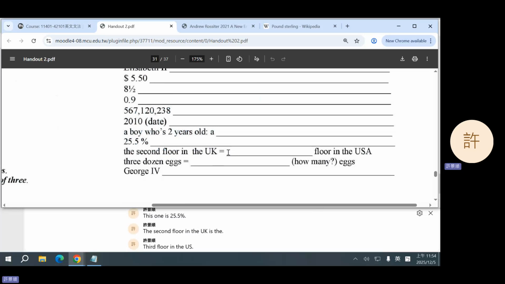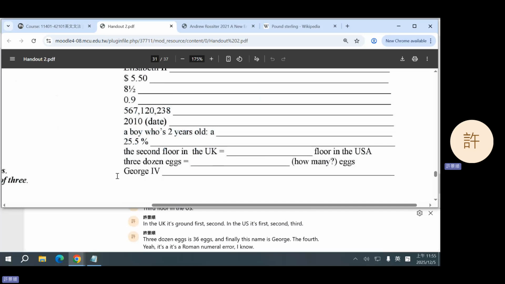In the UK, it's ground, first, second. In the US, it's first, second, third. 3 dozen eggs is 36 eggs. And finally, this name is George the Fourth. Yeah, it's a Roman numeral error, I know. Not a grammar error. Questions about numbers?